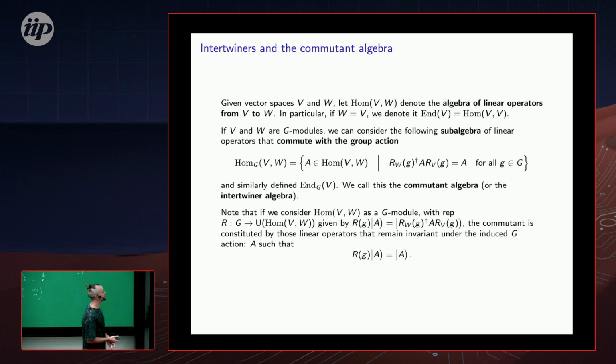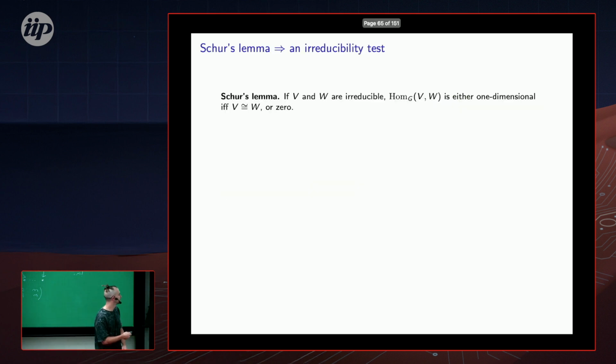All I'm saying here is that you can consider Hom(V,W) itself as a G module with a given representation explicitly, like this R_G is just R_W conjugating on R_V on the sides, and in this sense, the operators that remain invariant are those that commute. So all I'm saying is the commutant is the invariant operators, basically. It's an interpretation.